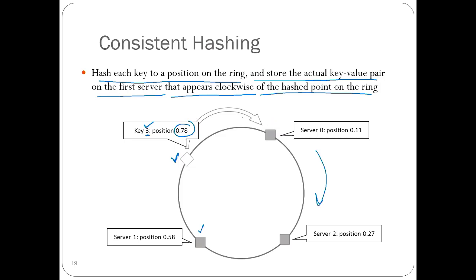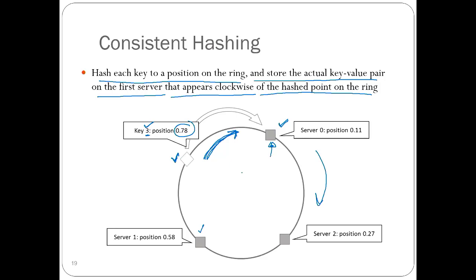You have to move only in the clockwise direction, and in your move you have to put this value in the first server that you encounter. Got it? So key 3 will be assigned to server 0.